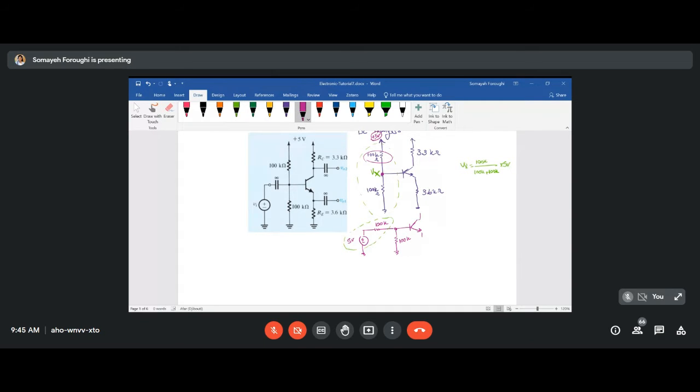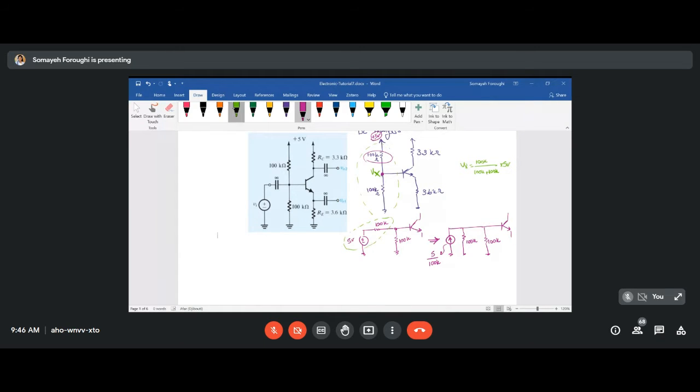Your current source will be 5 divided by that 100K. So 5 volts divided by that 100K, this will be the amplitude of your current. A parallel resistance of 100K, and the parallel resistance which you already had before. Like this, and here goes the rest of the transistor.